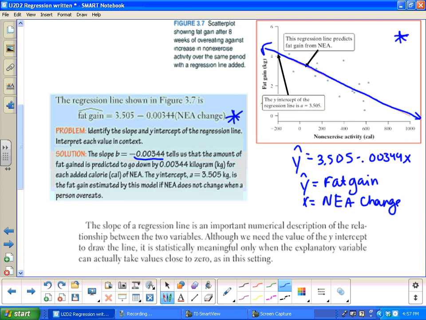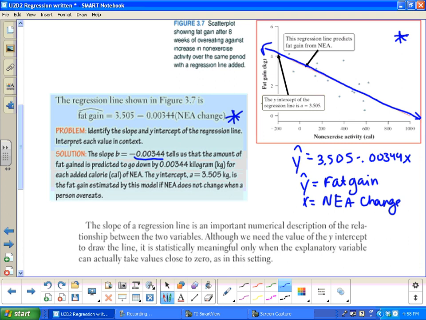Now the y-intercept tells you what the y value is when x is 0. Sometimes this will make sense and sometimes it won't. Say we measure everybody's height and everybody's arm span, and we do height on the x-axis and arm span on the y-axis. Say we get a y-intercept probably fairly close to 0, but not exactly.